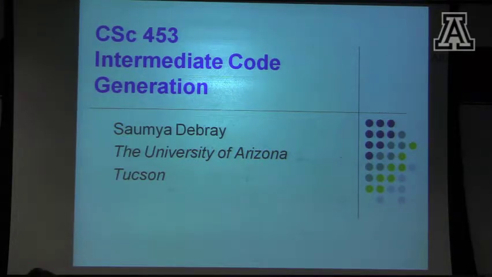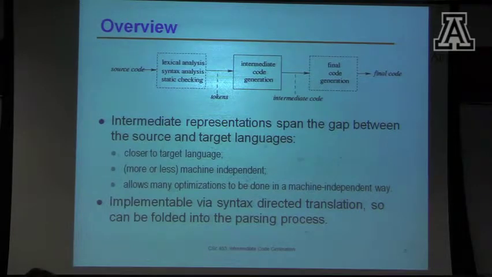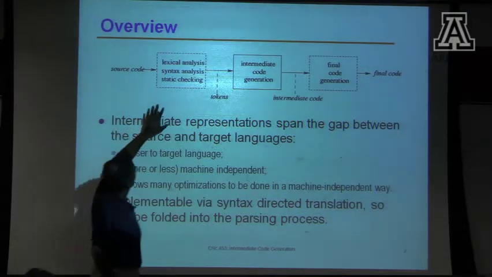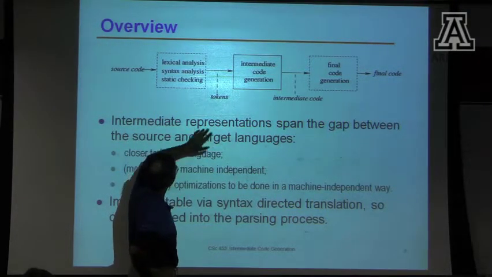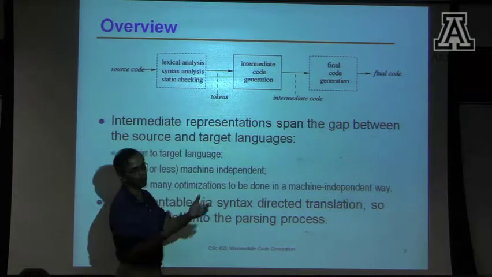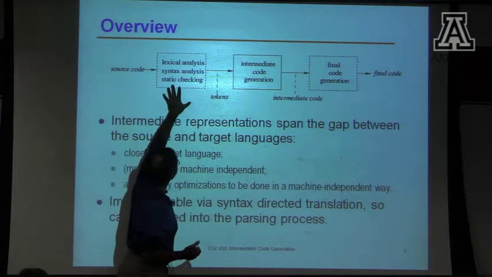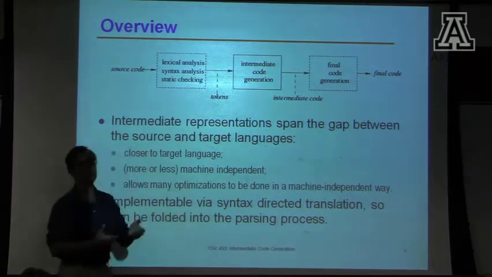So now I want to talk about code generation. Usually, compilers break up the process of code generation into two parts: intermediate code generation and final code generation. So far, we've talked about lexical analysis, syntax checking, semantic checking. All of that involves taking the input sequence, breaking it up into tokens, and massaging the tokens.